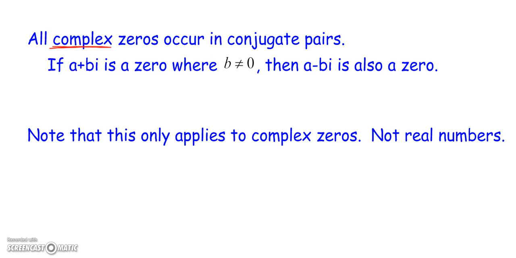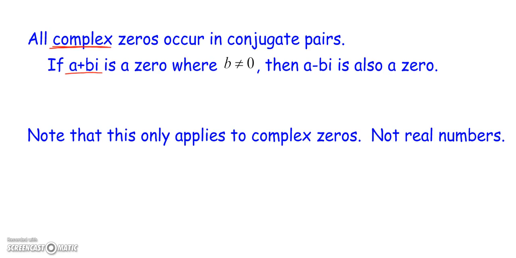If a plus bi is a complex number, the only thing you have to know is b cannot be 0, because if b is 0, then it's a real number. So as long as a plus bi, where b is not 0, is a 0, then a minus bi is also a 0. So that's the tricky part to every set.